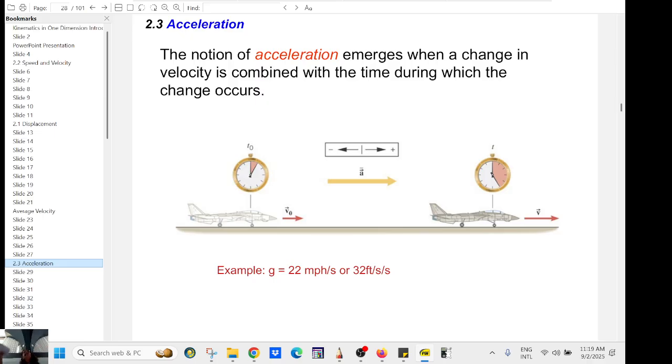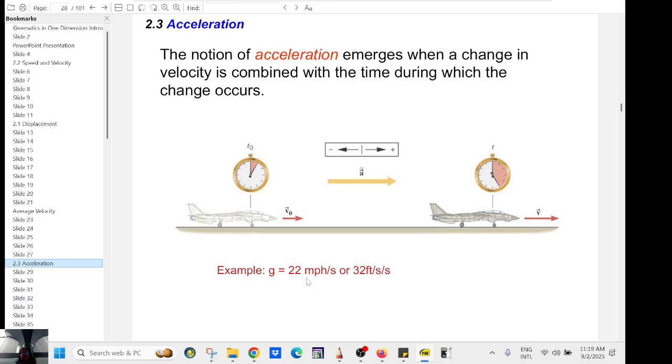So if you manage to fall for 1 second, you hit the ground, the speed will be 22 miles per hour. You will survive. Okay, so it's like you are biking, you crash into a wall, 22 miles per hour. It's okay. I mean, maybe you're going to break something, but you survive.